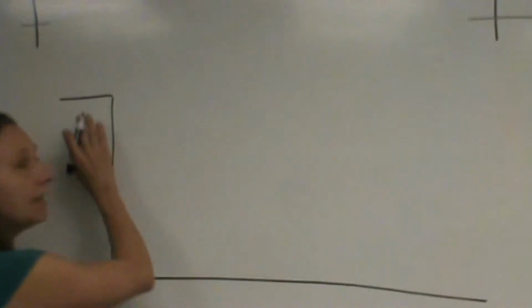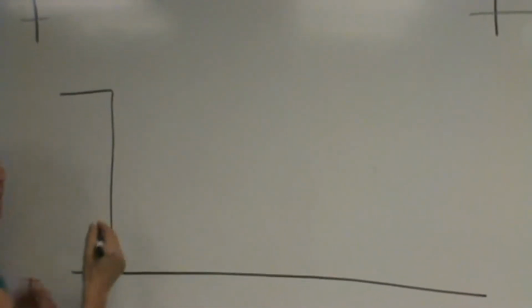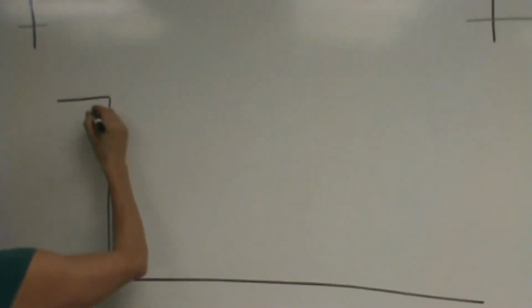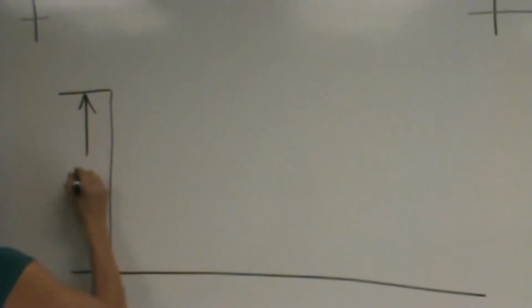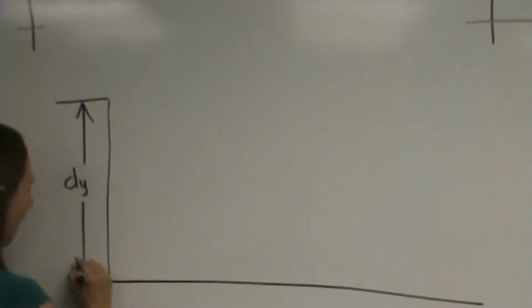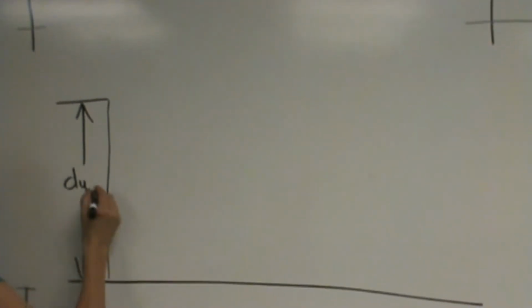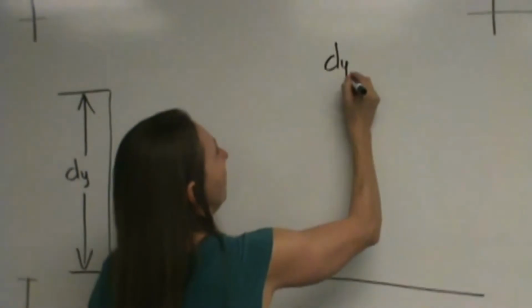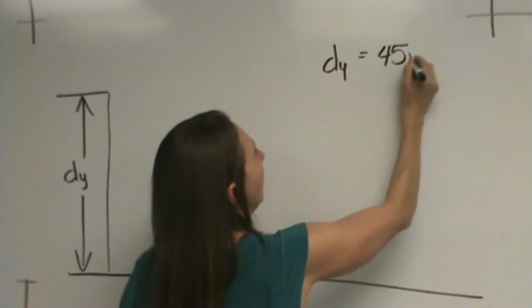So we have a cliff. Let's say the cliff is 45 meters high. So dy, the distance up and down, is 45 meters.